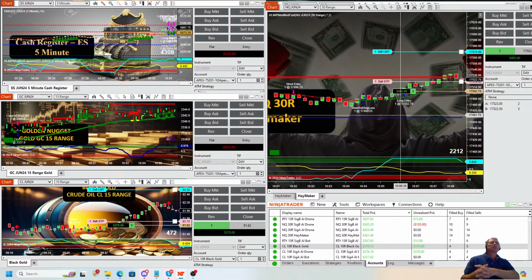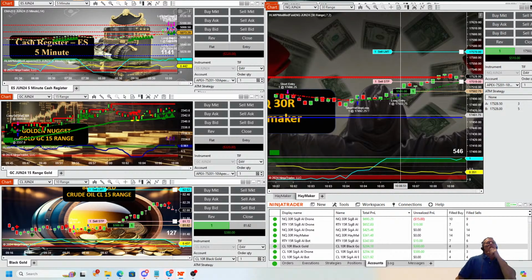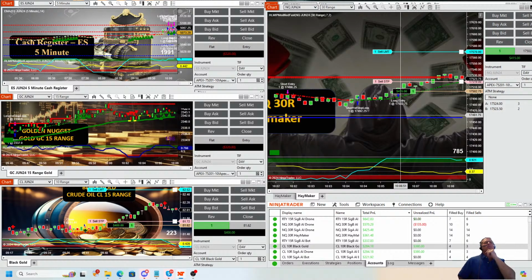A bounce. If we pop through there, we can fasten our seatbelts here.